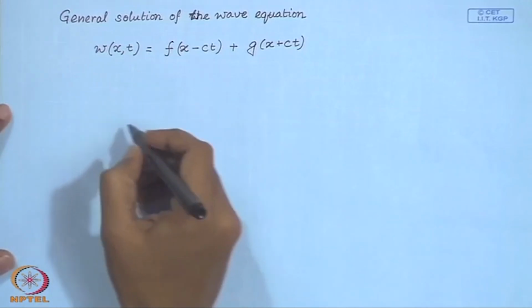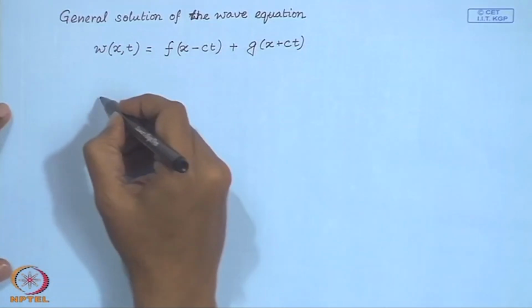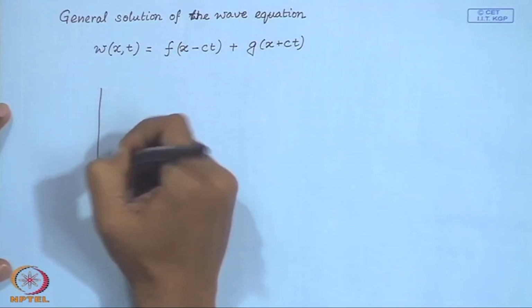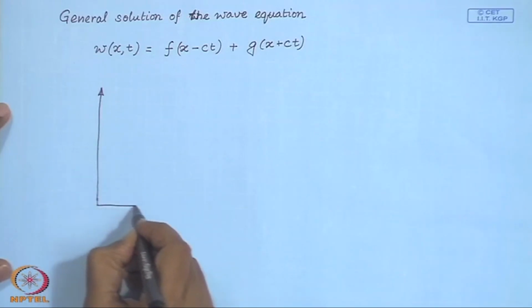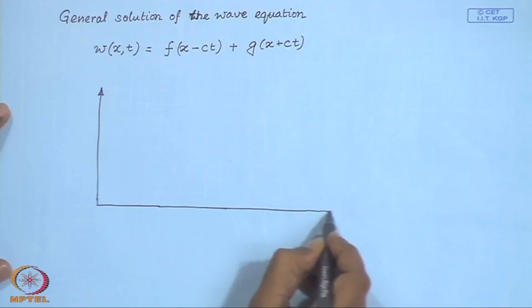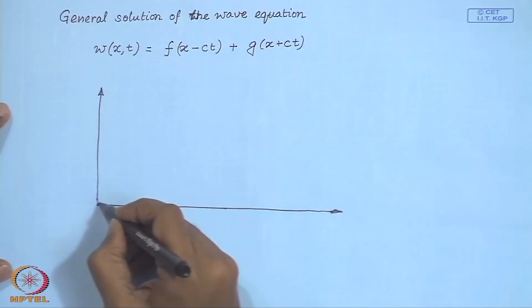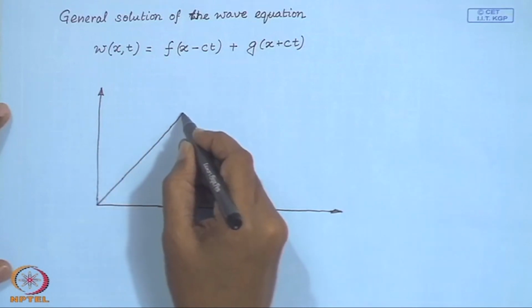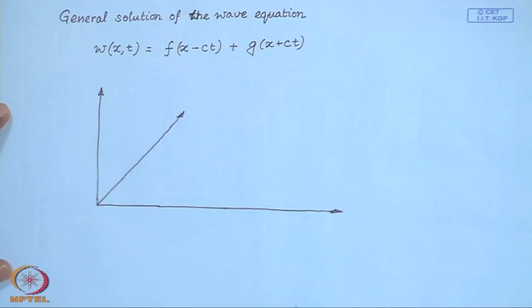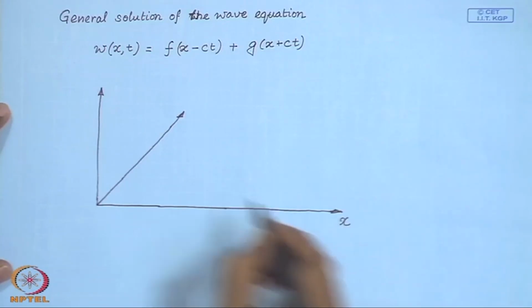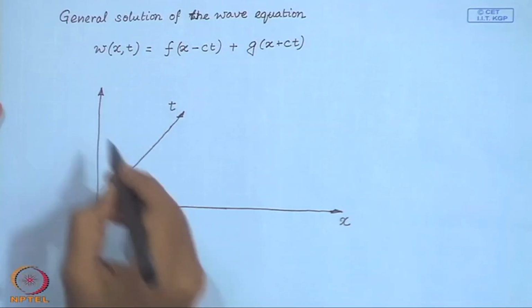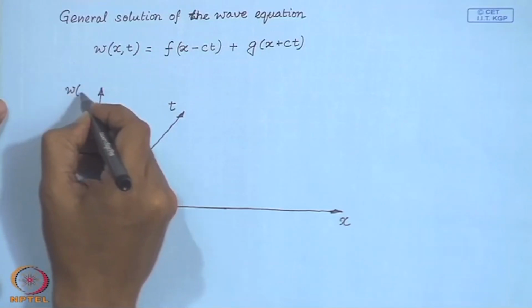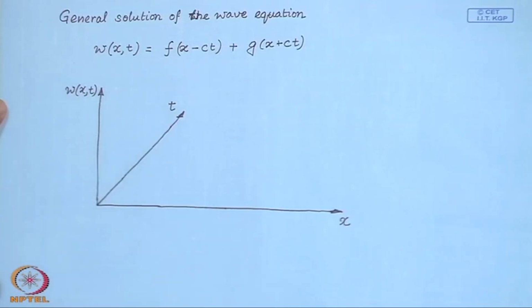Now, let us look at this situation. So, this represents x, this represents time t, and this is the displacement or the field variable.